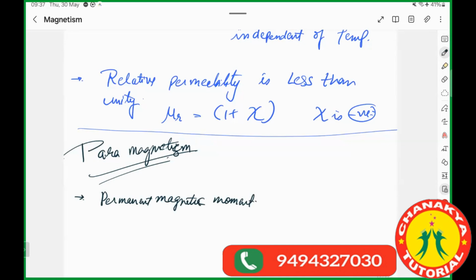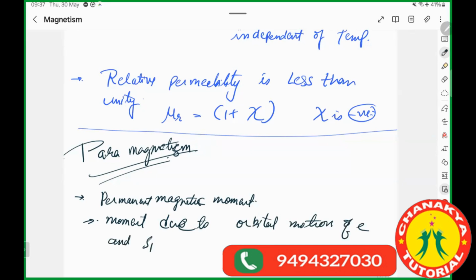And whenever a moment arises, it will be from both motion, like of the electron, as well as spinning. So the moment can be written as due to orbital motion of electron and spinning of electron on its axis.